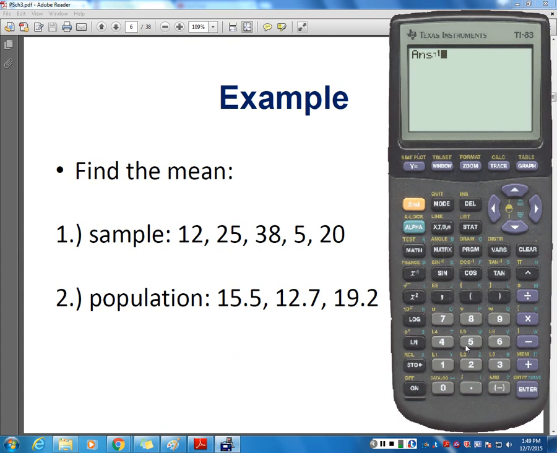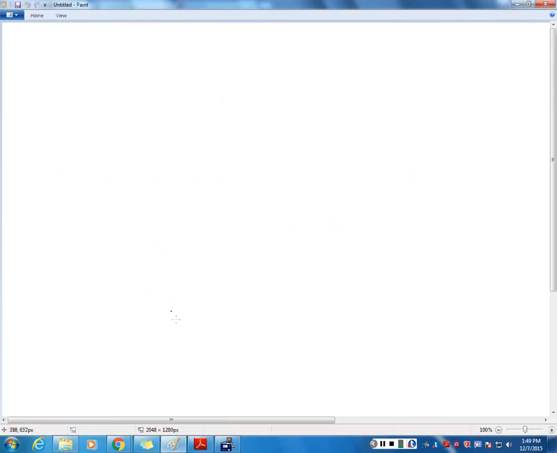I can add those numbers together. And I'll divide that by the total number of numbers I have. 1, 2, 3, 4, 5 numbers. So I get 20. So in number 1, using notation, X bar is equal to 20.